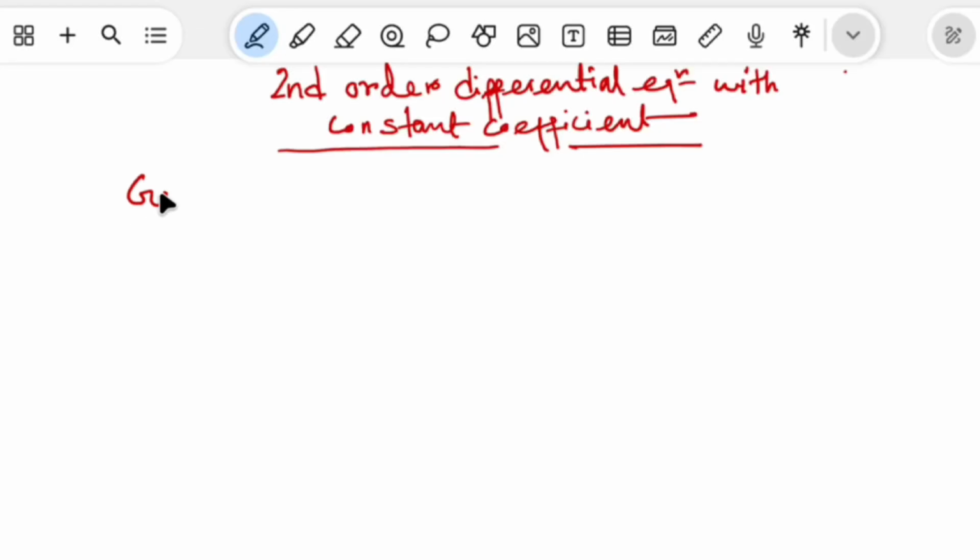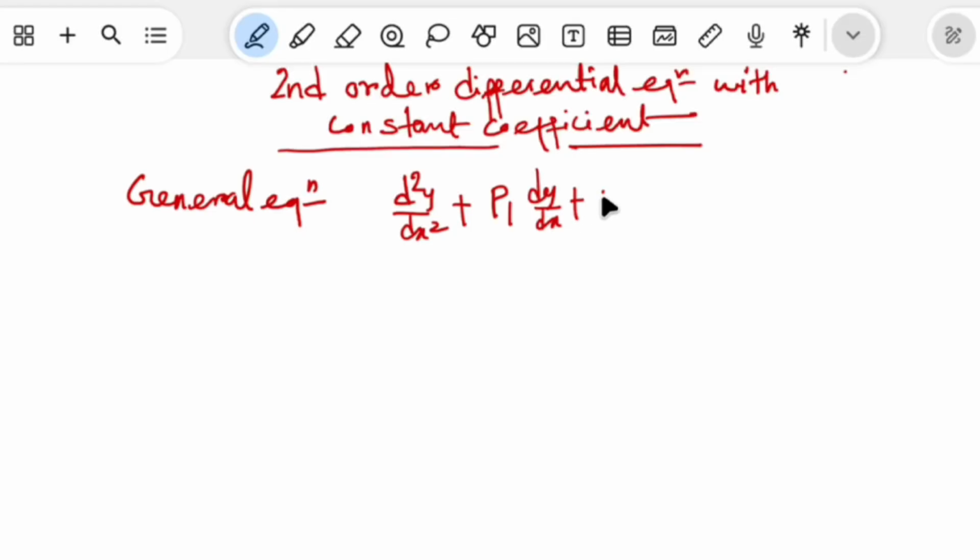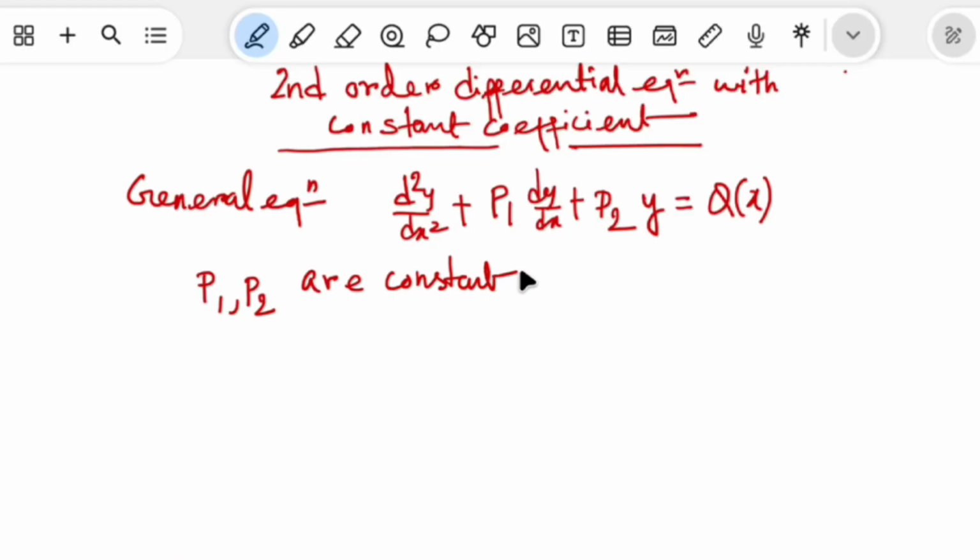Okay, so the general equation is d2y/dx2 plus p1 dy/dx plus p2y equals to some function of x, where p1, p2 are constants and q(x) is any function of x.